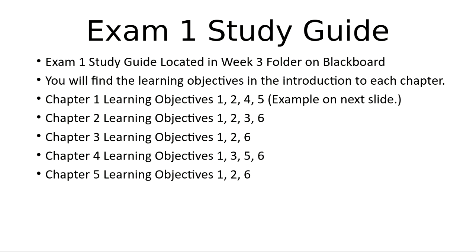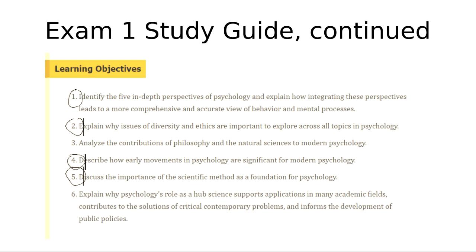So you actually have these on the slide, even though I haven't posted the study guide for you yet. Okay, and that's what they look like. And so the first exam is over chapters 1 through 5.